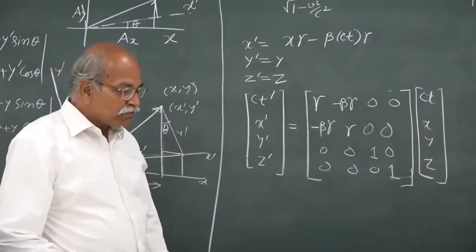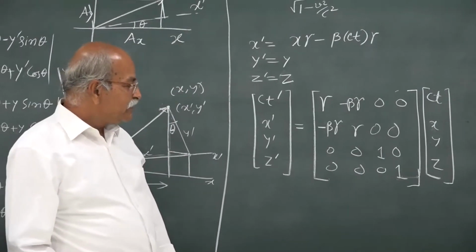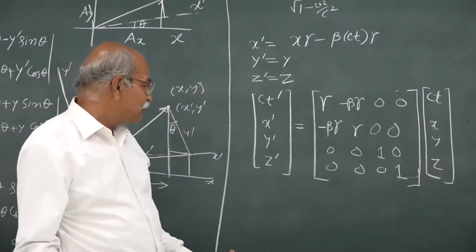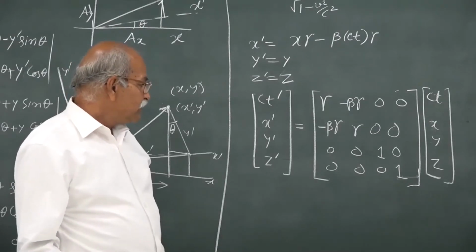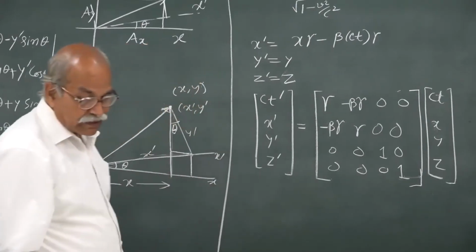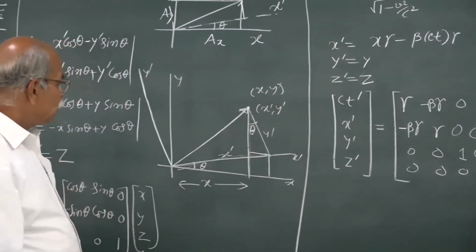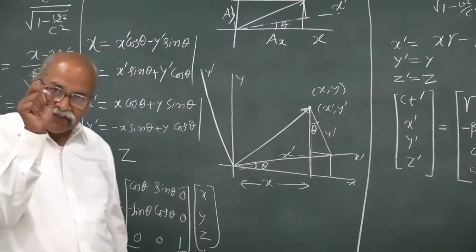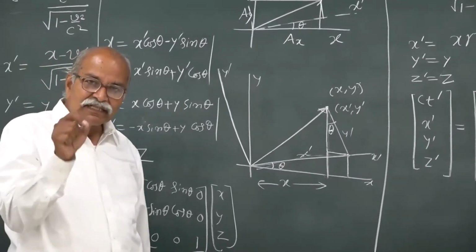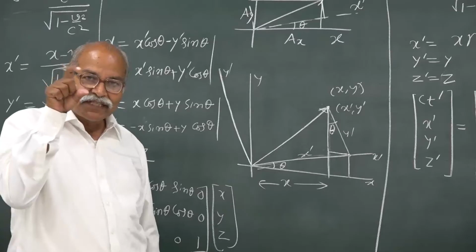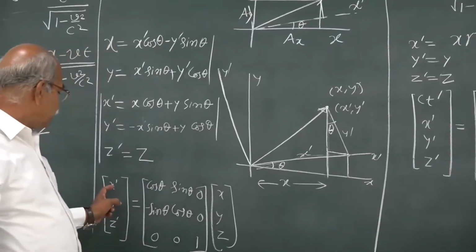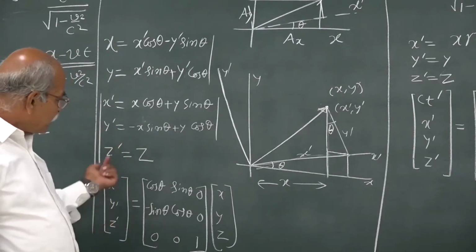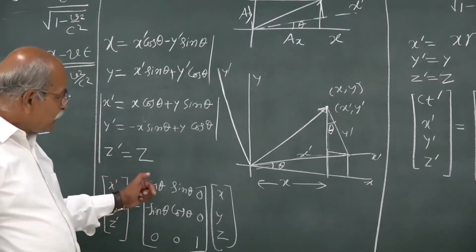Now, we can go a little further. First, let me tell you some notations which are commonly used. In all this mathematics, we use not x, y, z, but we give symbols x1, x2, x3. So, x is the vector, and the first component will be x1, second component will be x2, third component will be x3.